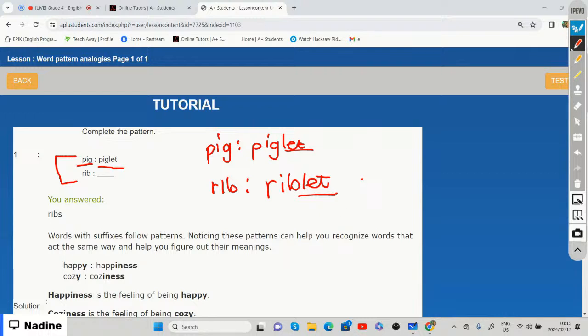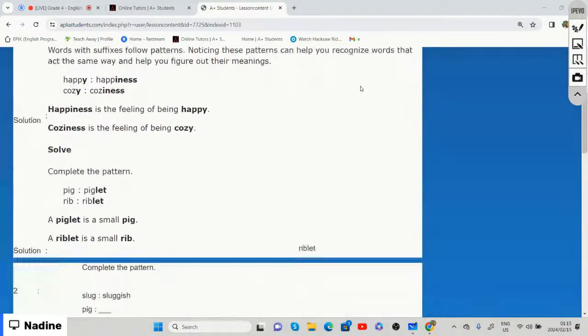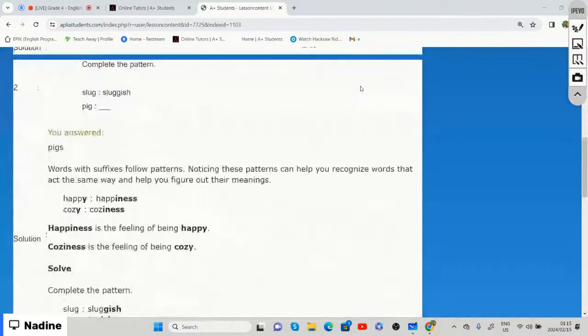Right, so riblet. All right. And what do you think is a piglet? What do you think is a piglet?